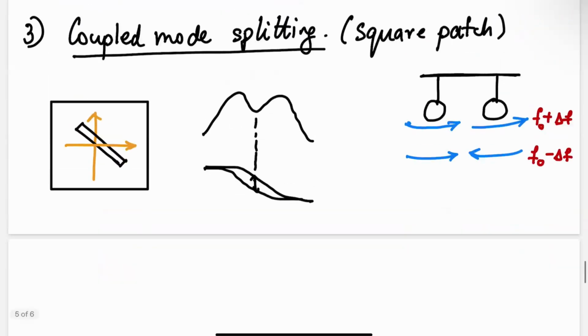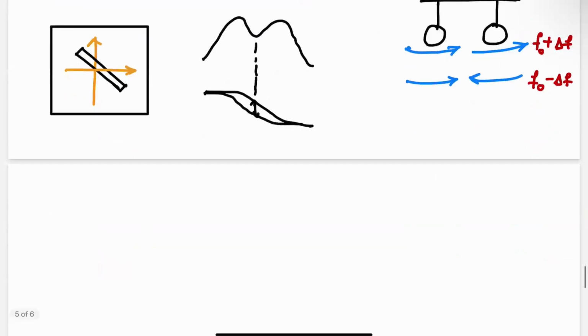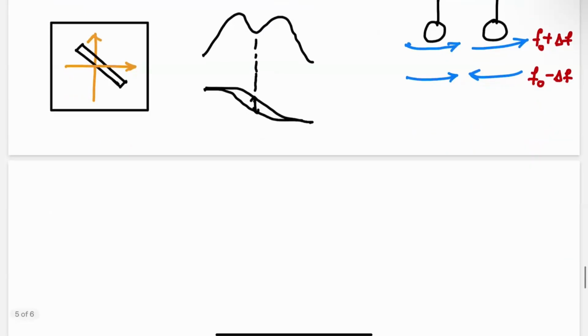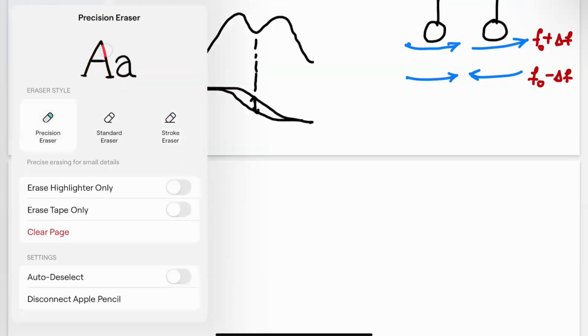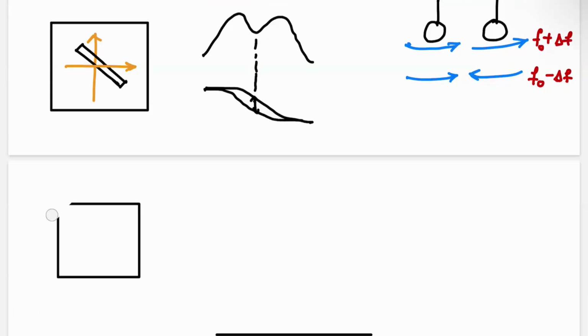Of course, there are other ways to introduce mode splitting, not just with a slot. You can come up with your own ways, but one popular technique is to start with a square patch and make cuts on the ends.